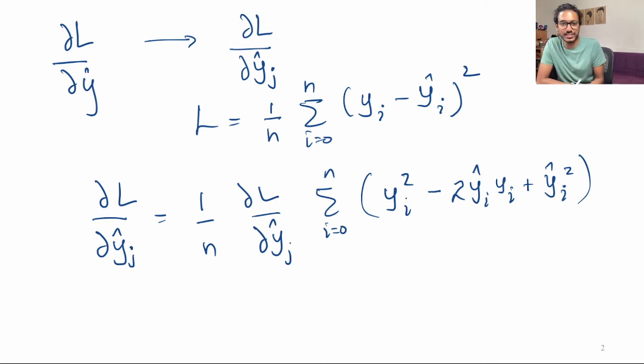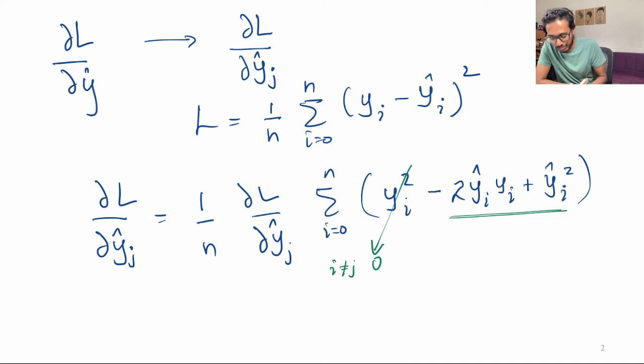yi squared is completely independent here, so this will go to 0, and then we are left with two components. And see that when i is not equal to j, all these do not rely on yj, right?